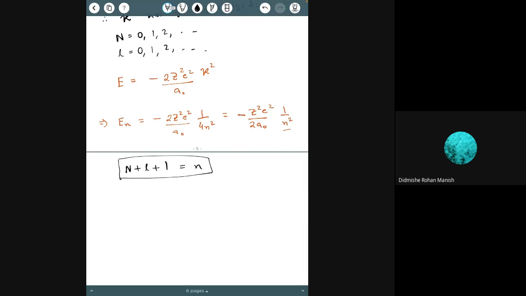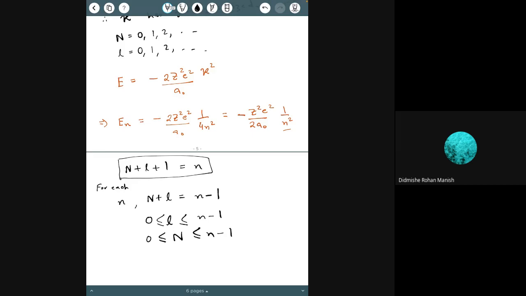Let's see. So for each n, N plus L is equal to n minus 1. So L must lie between 0 and n minus 1, right? Because capital N starts from 0. And capital N also must lie between 0 and n minus 1.